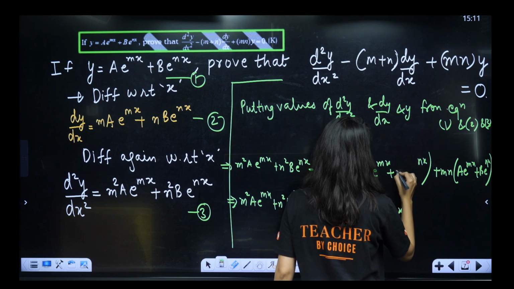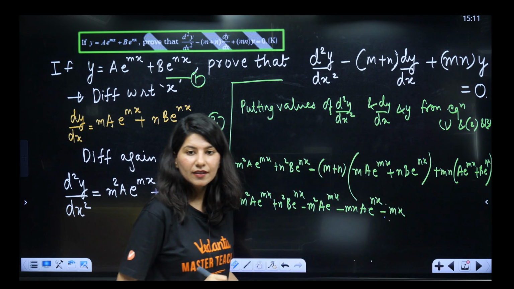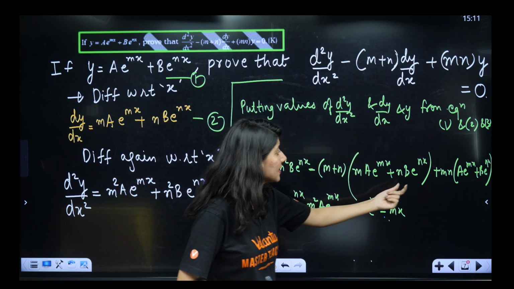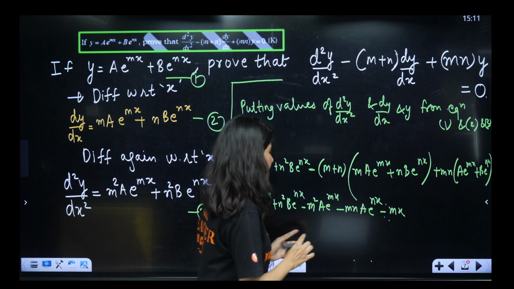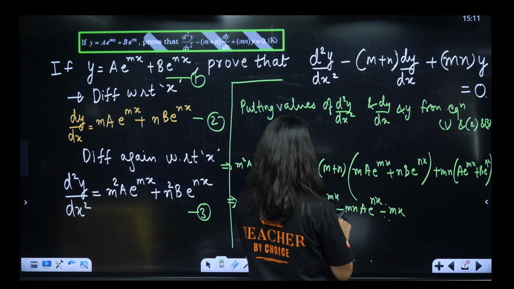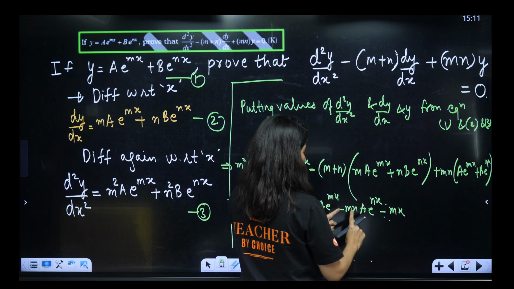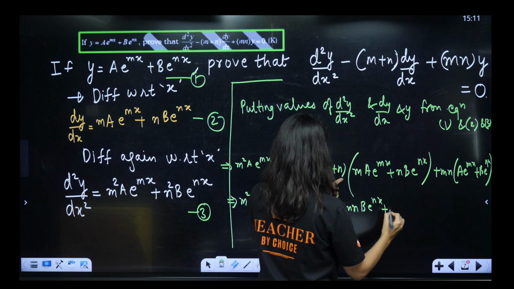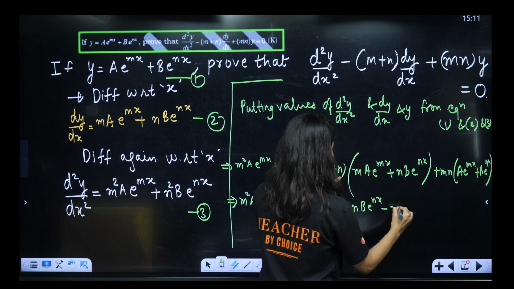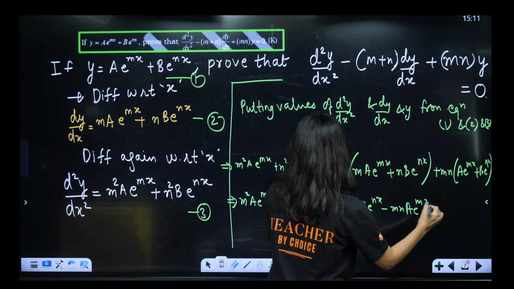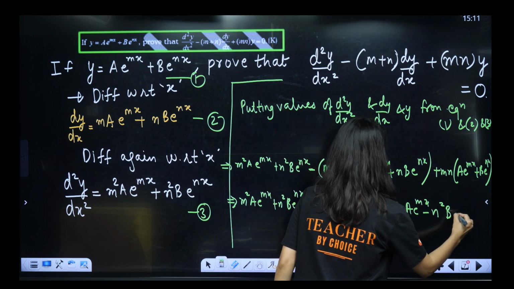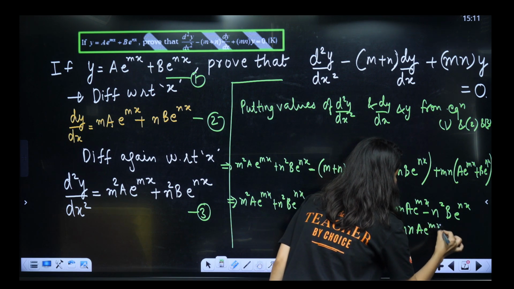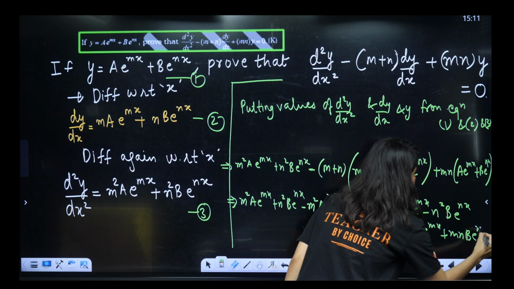Oops, plus nb e raised to power nx, correct? Okay, so this is your d2y by dx square minus (m plus n) dy by dx plus mn times this, okay? Alright, so now we are just multiplying m into m square, m into n b e raised to power nx. Now minus mn a e raised to power mx and minus n square b e raised to power nx, and last but not the least, plus mn a e raised to power mx plus mn b e raised to power nx. This is what you're getting.